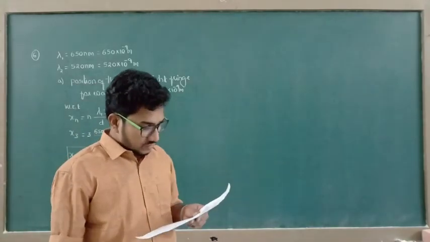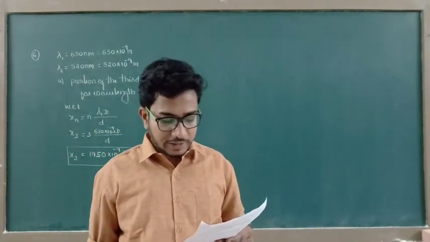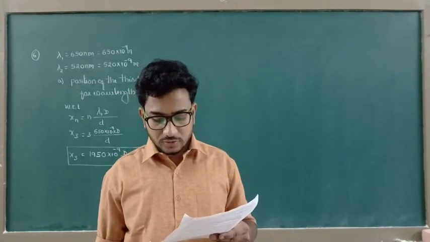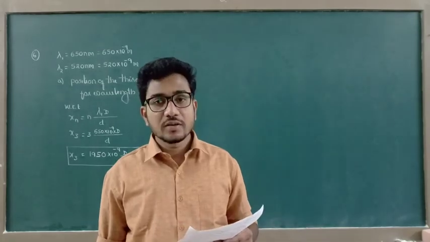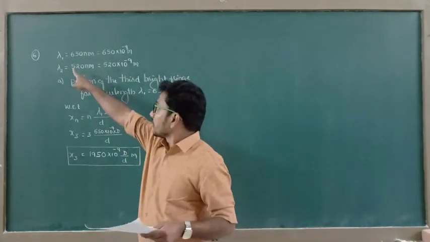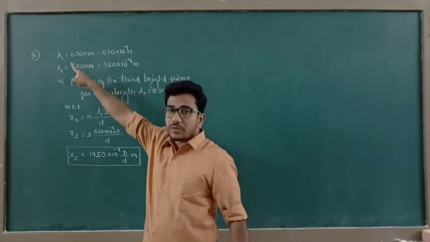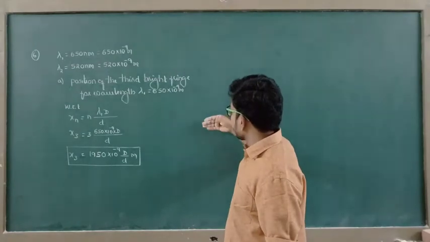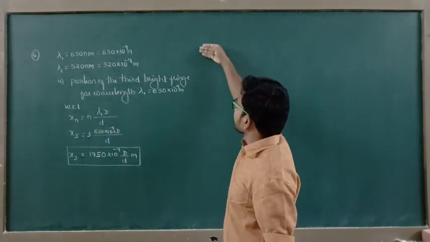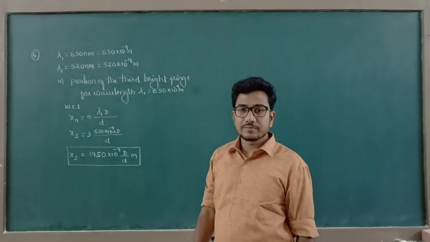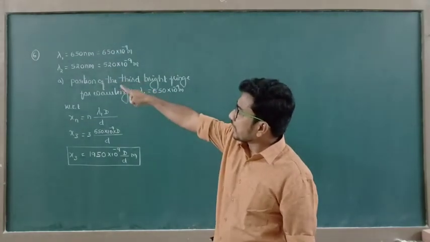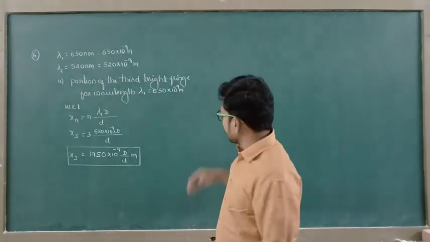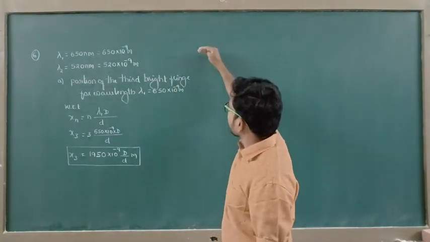Then the second one: what is the least distance from the central maximum where the bright fringes due to both the wavelengths coincide? When we use lambda 1, we will get an interference pattern, an arrangement of bright, dark, bright, dark, like that. Again, when we use lambda 2, we will get an interference pattern on the screen, bright, dark, bright, dark.